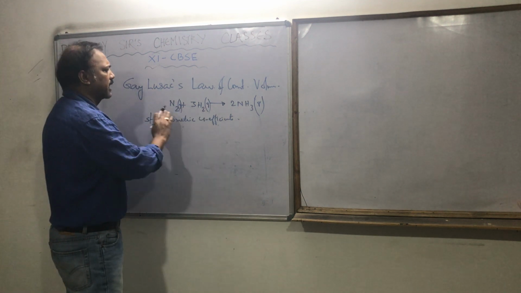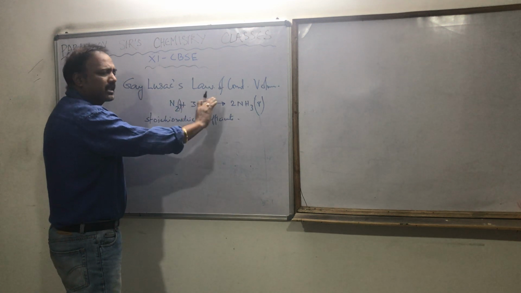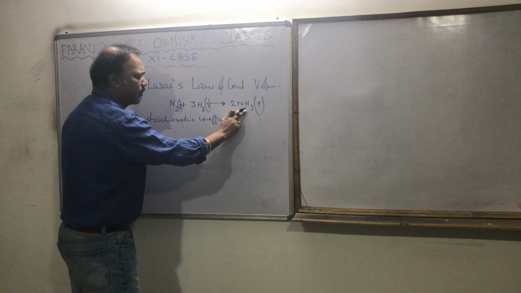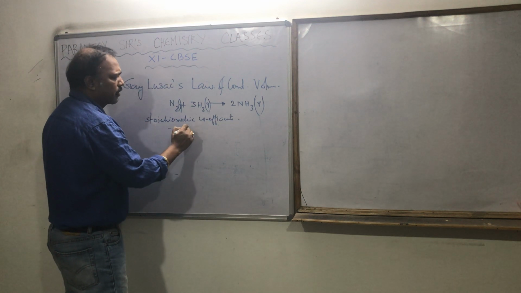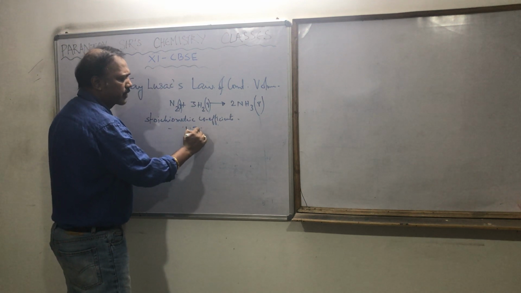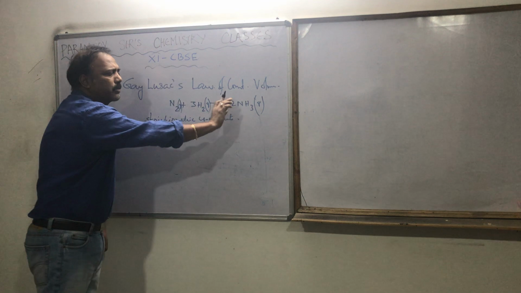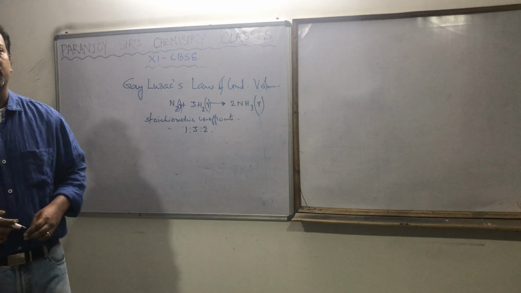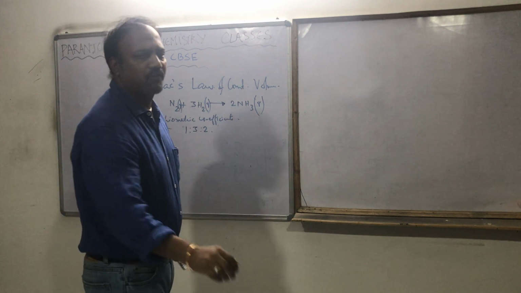In this particular case, the ratio of the volume of nitrogen, hydrogen and ammonia is 1:3:2, which is a simple whole number ratio. That is nothing but Gay-Lussac's law of constant volume.